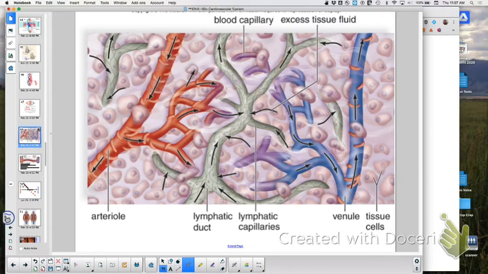When you come sit down, try to figure out the picture that you're looking at. As you're sitting down with your bio buddy, try to figure out the picture.